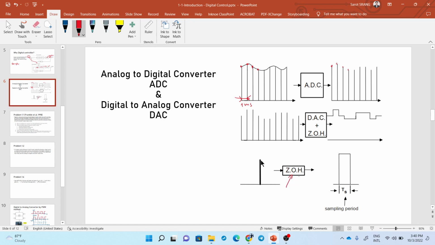Let's say the value computed from the microcontroller at this level is sent to the digital to analog converter. It needs to hold for a period of the sampling time before it receives the new value. And if the hold value is constant like this, then you call it zero order hold.